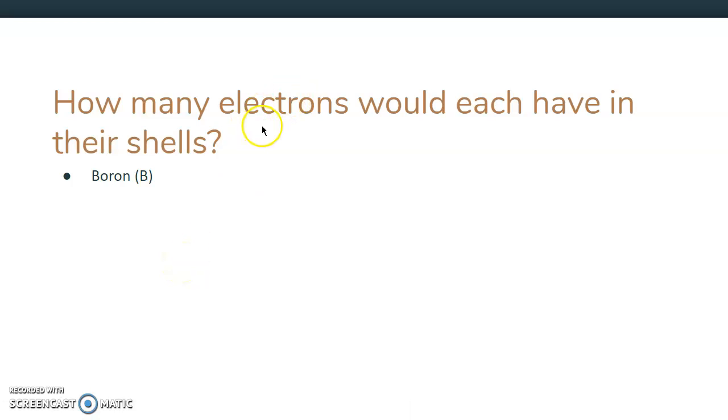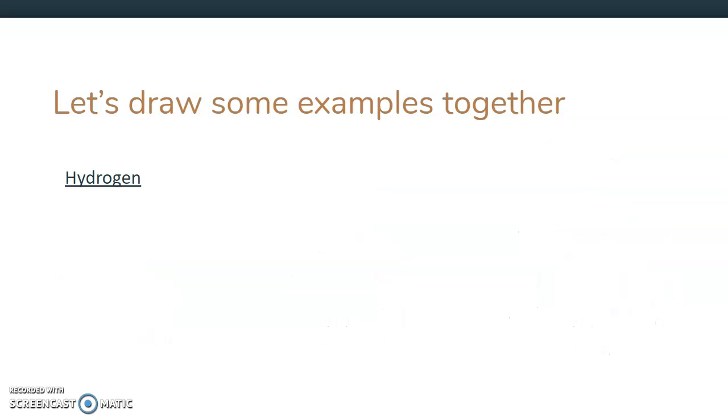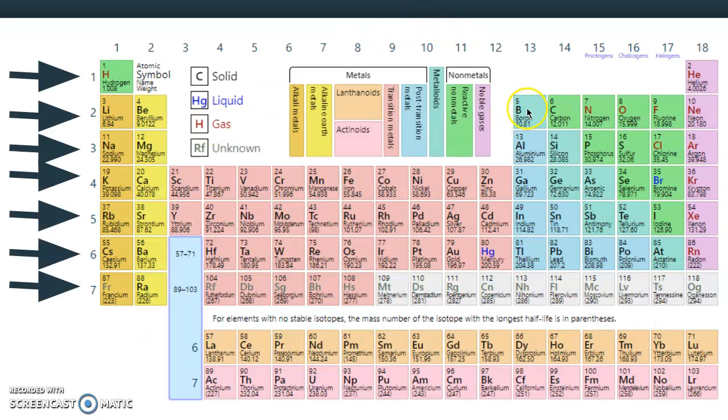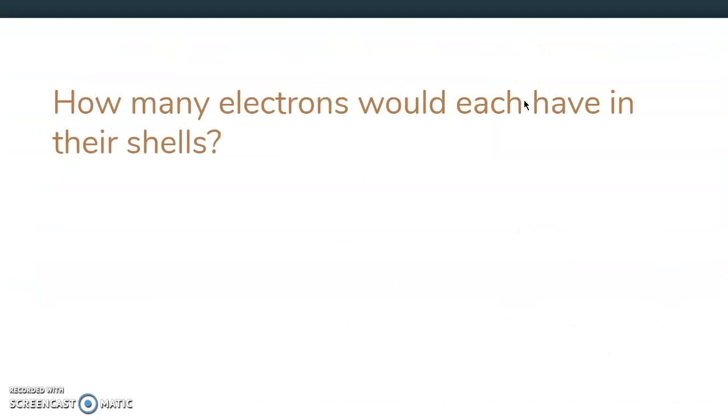So boron, how many electrons would boron have in its shell? Boron is in row 13 or 3A, I believe. Let's go back to our table here. Boron is in row 13. Yep. So I would hope you guys can pause the video and think through this, but our answer in the first shell would be 2.